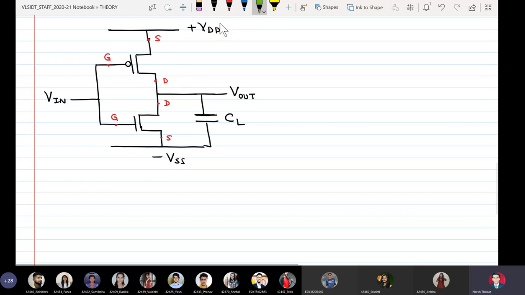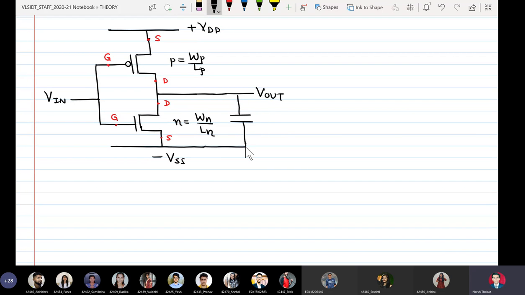Here we will write down that the size is p equal to Wp by Lp, and here the size is n equal to Wn by Ln.